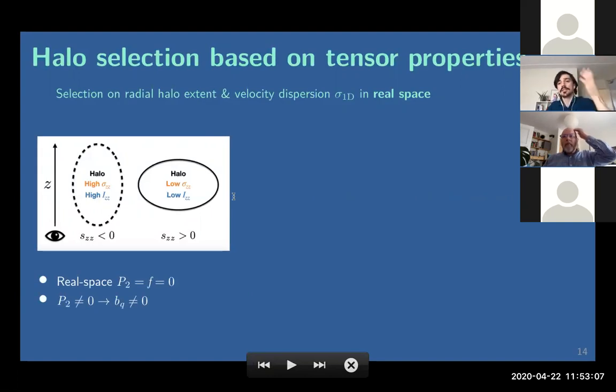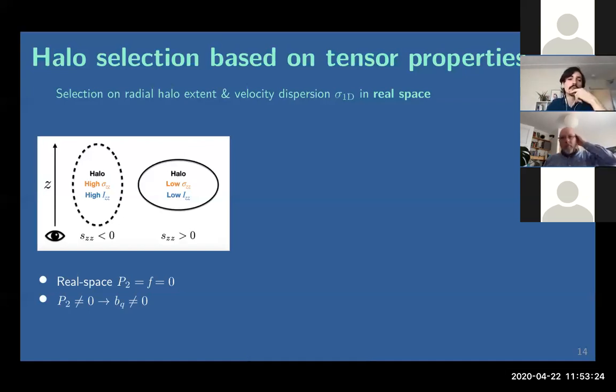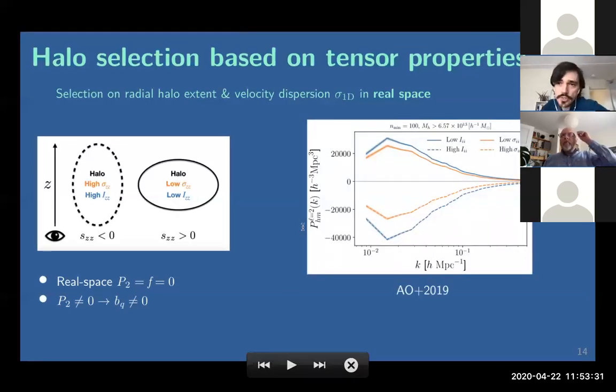Since we are in real space, we expect that there is no anisotropy in the power spectrum, meaning that the quadrupole, which is proportional to f, is 0 in this case. If the quadrupole is not 0, that means the only source of quadrupole that can show up is this anisotropic assembly bias. So then we went out and measured these things. We measured the quadrupole of the halo-matter field.